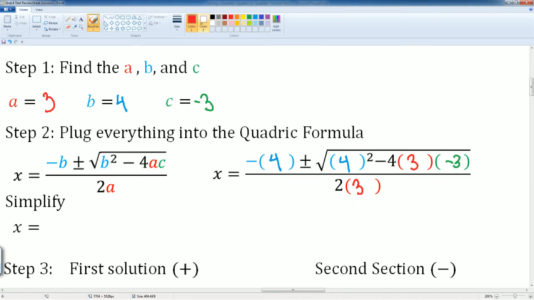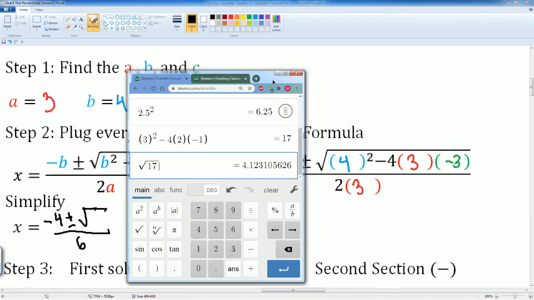Okay. We can already simplify. X is equal to, we already know a -4 is out in front, plus and minus a radical something, divided by 2 times 3 is 6. We just need to know what's inside that radical, but it's long and complicated, so we use Desmos.